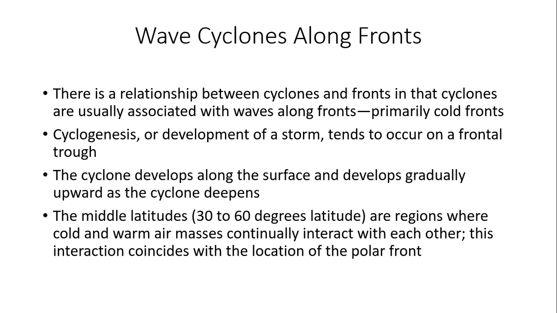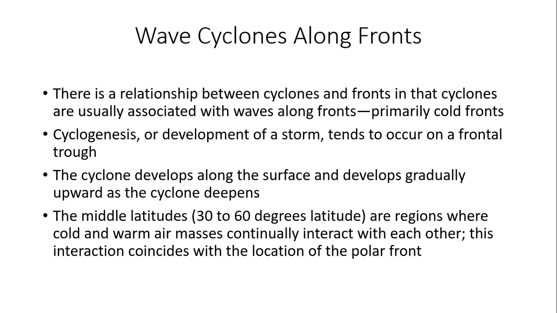And these wave cyclones are usually associated primarily with cold fronts, but they also can develop along stationary fronts as well. Now, cyclogenesis is simply a fancy way to say the development of a storm. These tend to occur on what's known as this frontal trough. And a trough is simply just an area of lower pressure or height in the atmosphere.